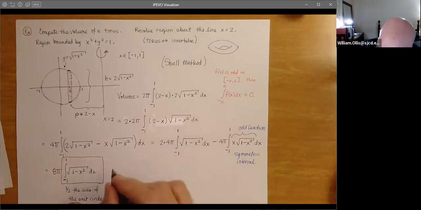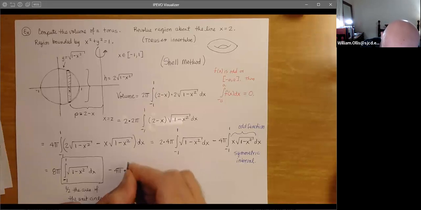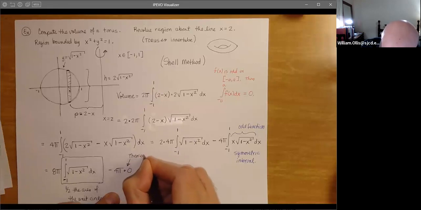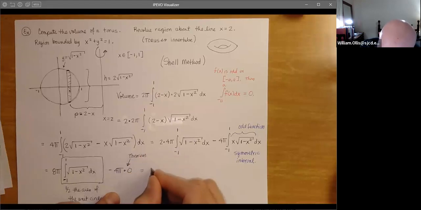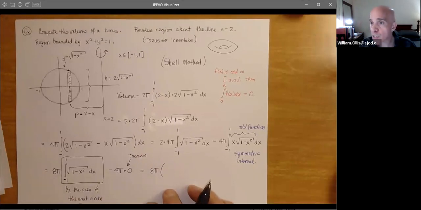And so now, and of course here we have minus 4 pi times 0. And that's using the theorem. And now we have 8 pi. Now half the area of the unit circle is just what? 1/2 pi r squared.